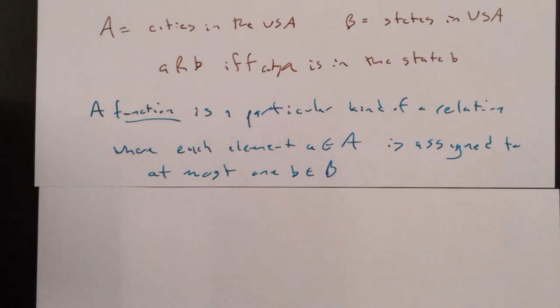Now, we had all sorts of special other properties about functions, one-to-one and onto, but this is the critical property, that I can only go from one thing to one thing. That is not true for a relation.